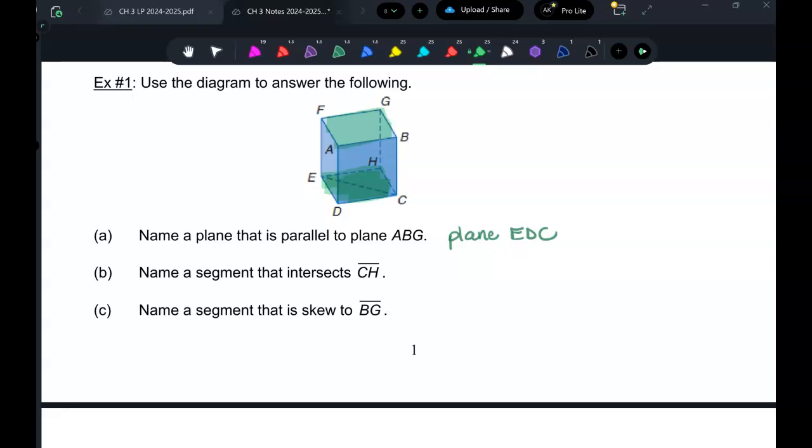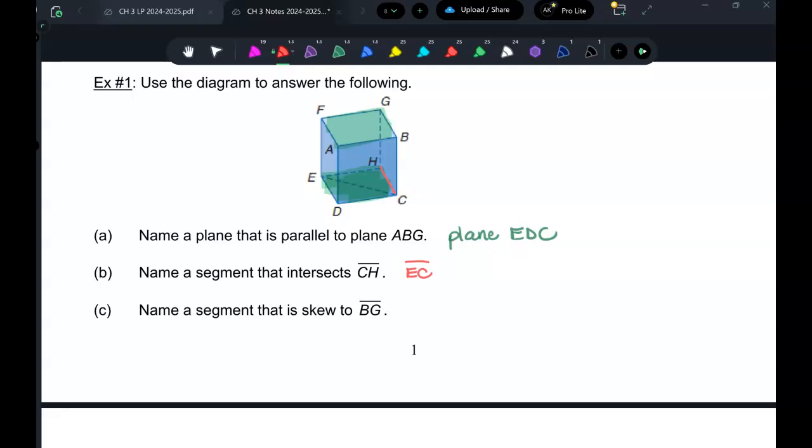Okay, how about a segment that intersects CH? EC? Yep, that's fine. GH. Basically, all you need to make sure is that it has either a point C or a point H. So it could be DC, it could be BC, EH, GH, any of those segments.